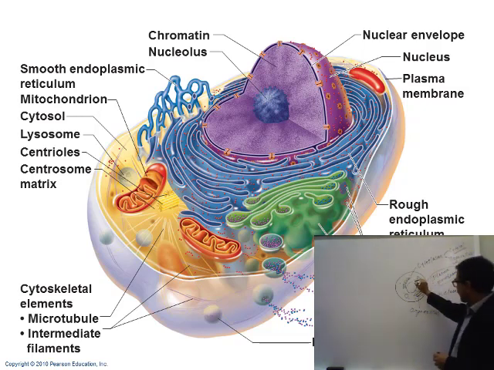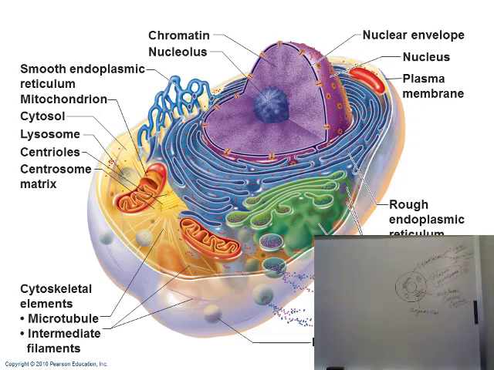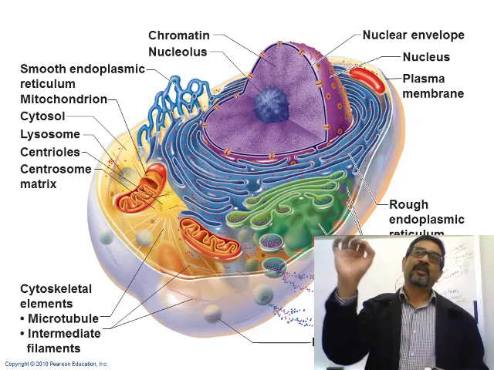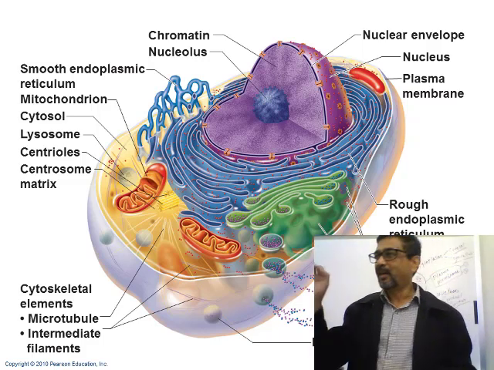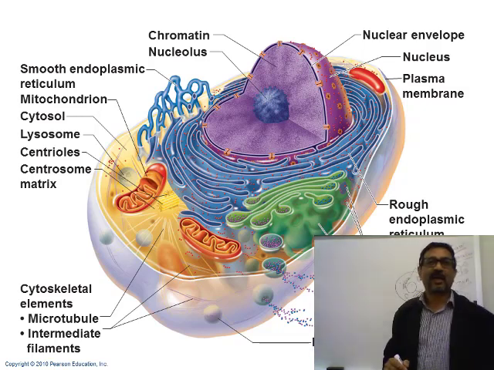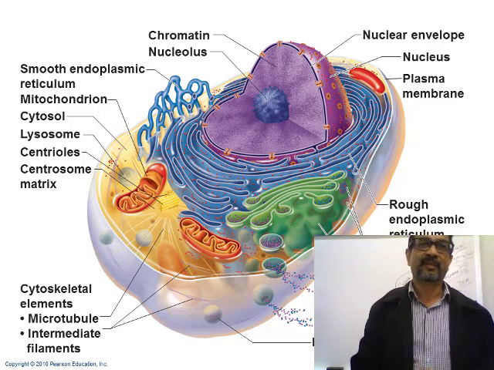Now, nucleus. Nucleus is called the control center. Why? Because inside the nucleus you have the most important component of a cell. Those are called DNA. DNA are located inside the nucleus, and DNA controls the functions of the cells.